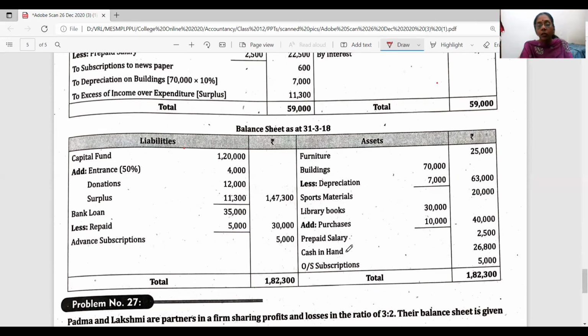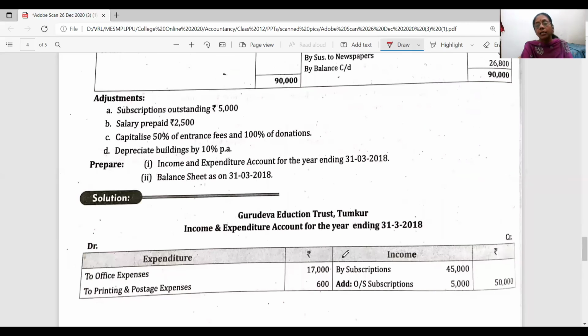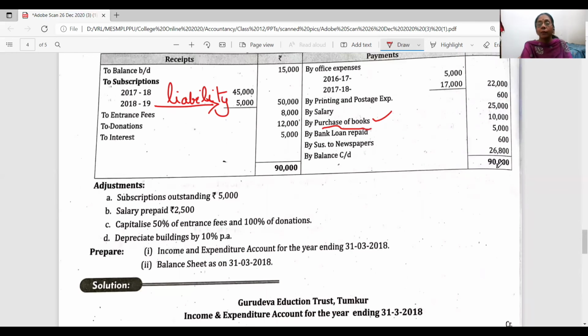And this one particular cash in hand, you must always remember that it is the closing balance that you need to take of the receipts and payments account. Observe it carefully. 26,800. This is your closing balance. Students, this receipts and payments account, real account, it has the nature of a debit balance, so opening balance is always shown on the debit side. Observe this, opening balance is 15,000. And closing balance is given at 26,800.